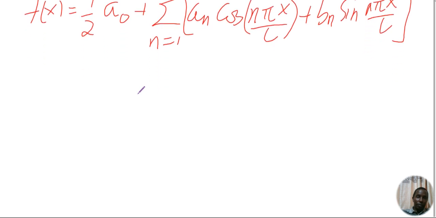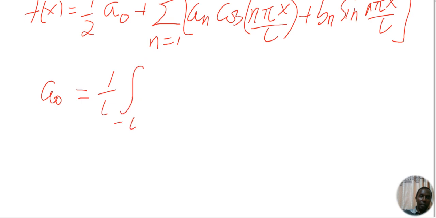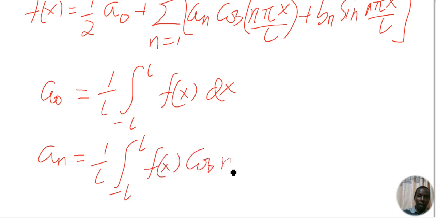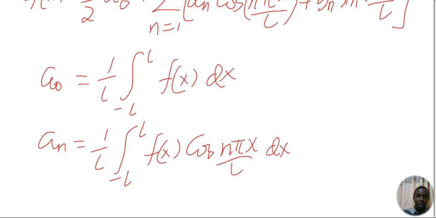So we have, a naught is defined as 1 over L, integral from minus L to L, f of x dx, while an is given as 1 over L, integral from minus L to L, f of x cosine of n pi x over L, we integrate with respect to x.